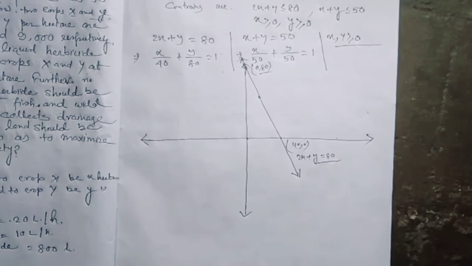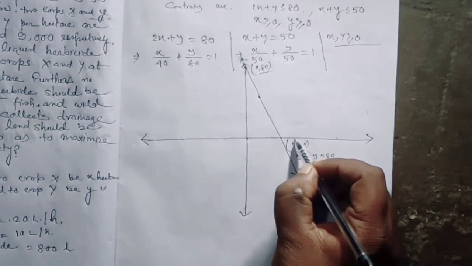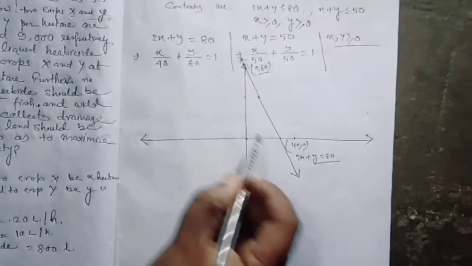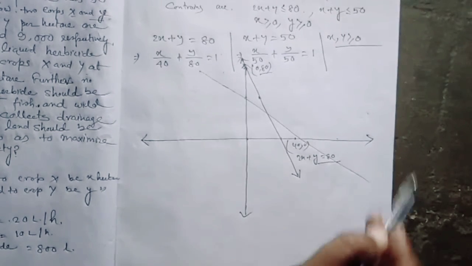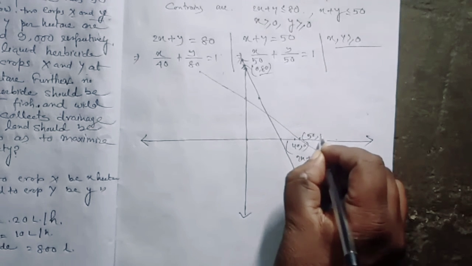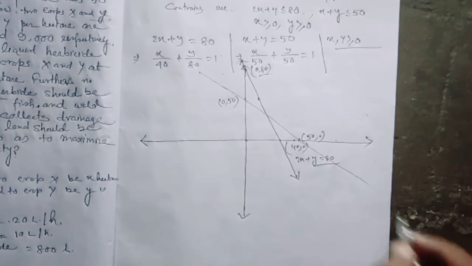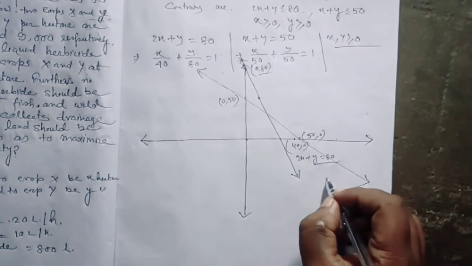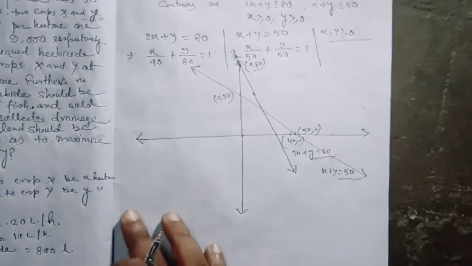Next, x plus y equals 50, both intercepts 50. So I am taking this point as 50 and here this point as 50. So this is 50 comma 0 and 0 comma 50. This is x plus y equals 50.